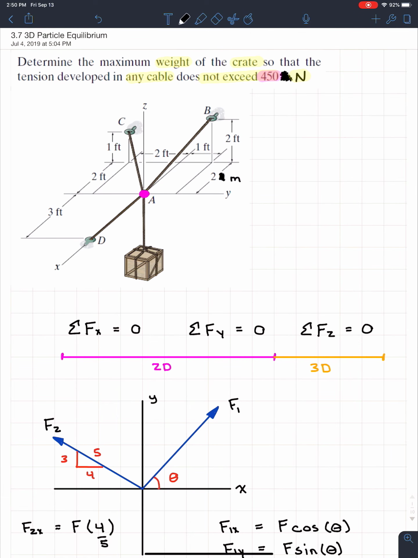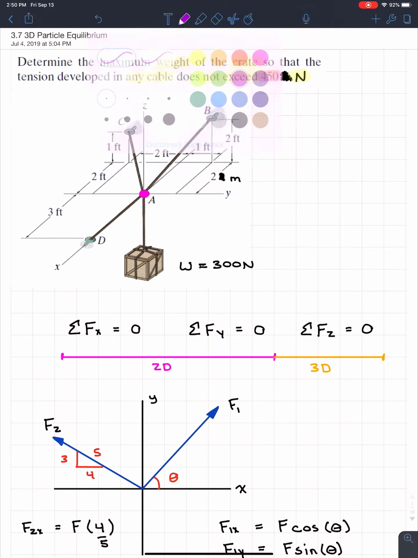If it didn't say maximum and it gives you the weight of the crate, so let's say they rearrange the question so that weight is equal to 300 newtons, solve for those three forces, it'd be pretty easy. What they would probably do in that scenario is make, let's say, this one a spring. And the final question wouldn't be solve for the forces, although you would have to anyway. It would say, what's the stretch in that spring?